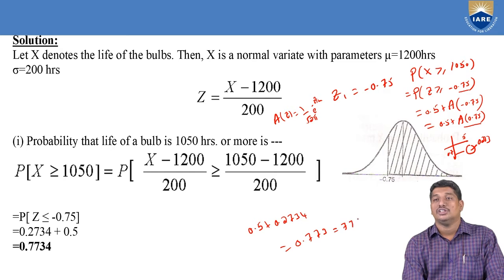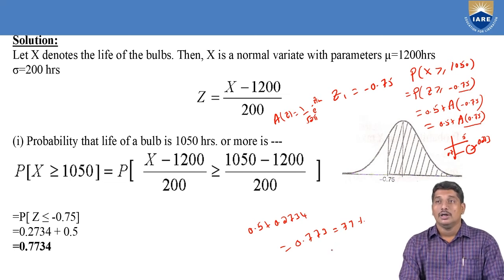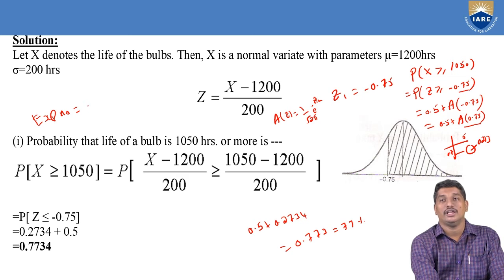77% chance that our sample bulbs will last for more than 1050 hours. But we are asked to find the expected number. For the expected number, we have to multiply the probability 0.77 with the total number of bulbs we bought, that is 10,000 bulbs.